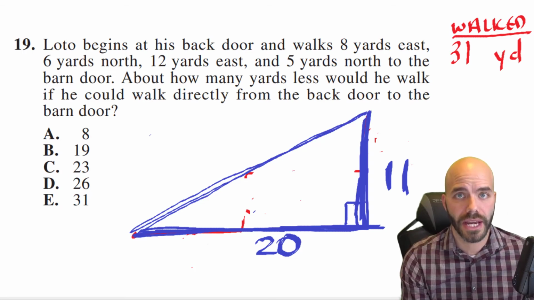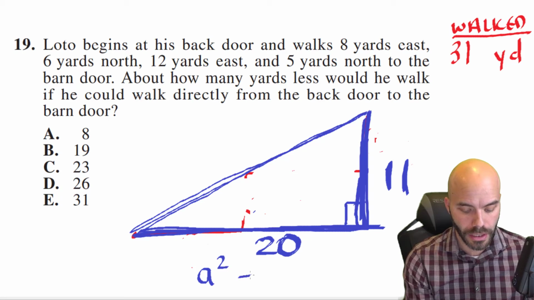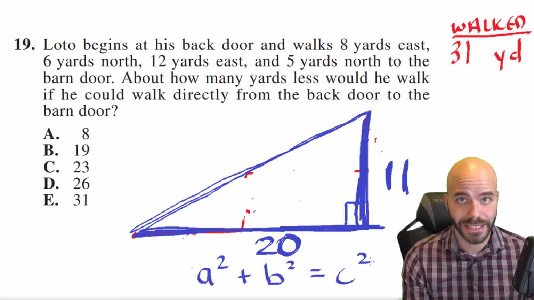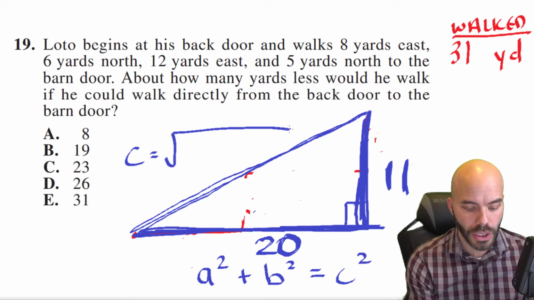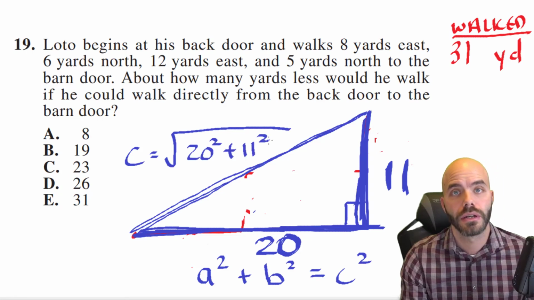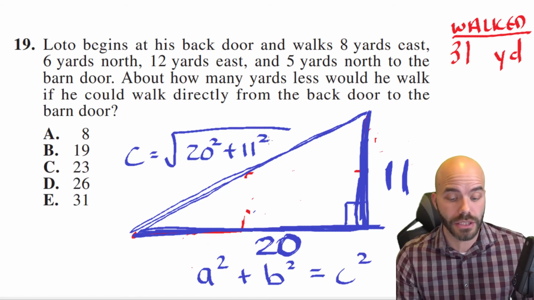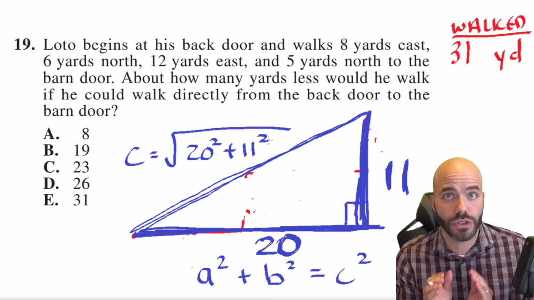Hopefully you know the Pythagorean theorem, which is a squared plus b squared equals c squared. C is the hypotenuse. So this side right here, if I label this C, will be equal to the square root of 20 squared plus 11 squared. That would be the total if he had just walked straight to the barn door.